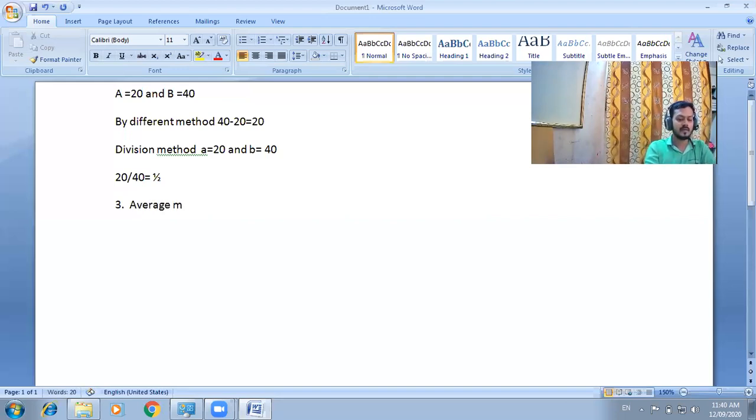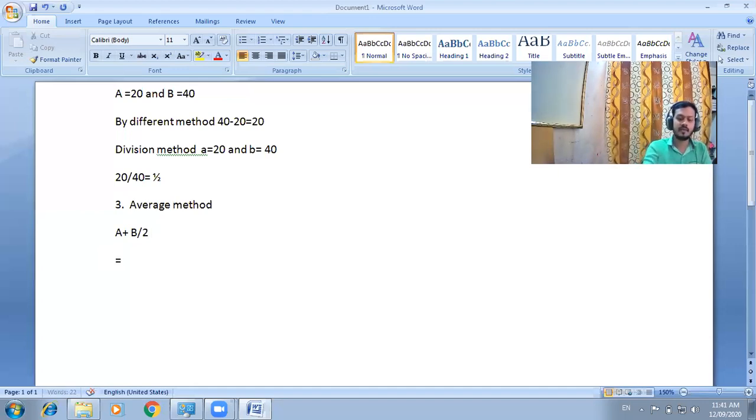Average method. How can we compare quantities by this method? Firstly, we add the quantities, then divide by the total number of quantities. That means A plus B, divided by the total number of quantities. Here we compare only 2 persons, A and B, so we divide by 2.